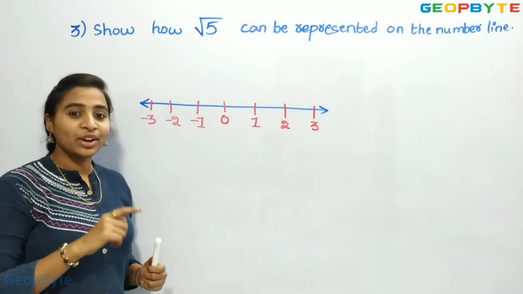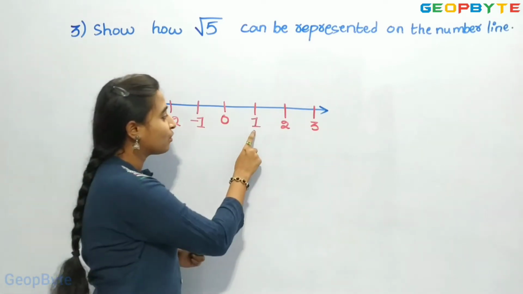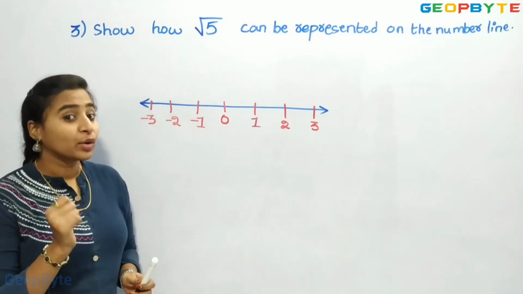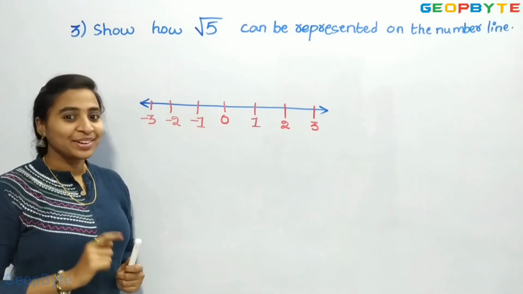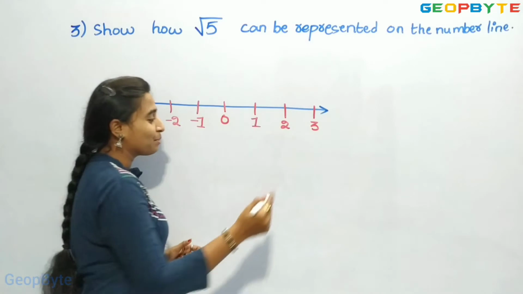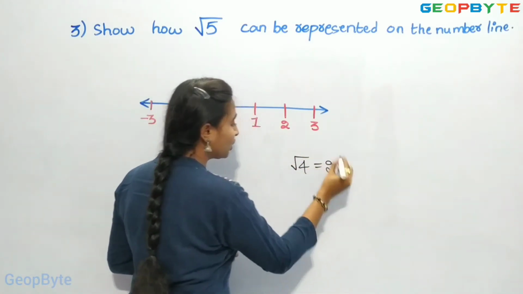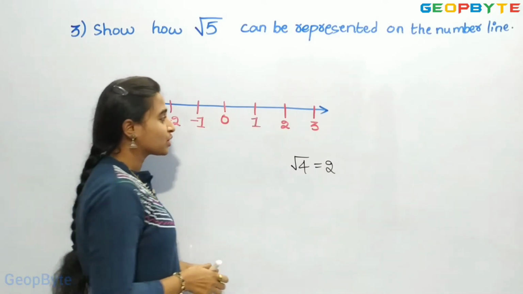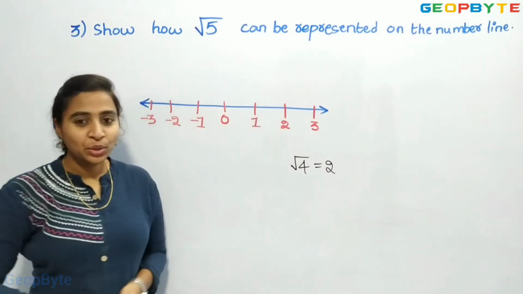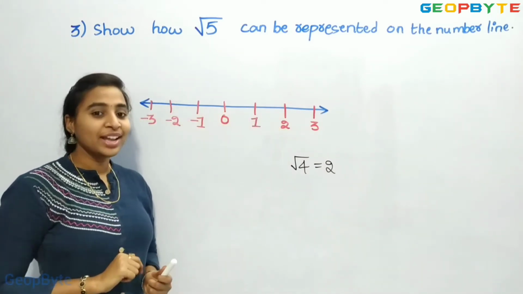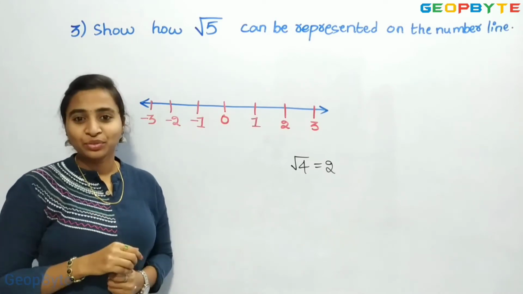And root 3 also lies in between 1 and 2. Root 4 lies? No, it will not lie because root 4 is equal to 2. Right? So, it is exactly 2. Now, root 5 comes after root 4.